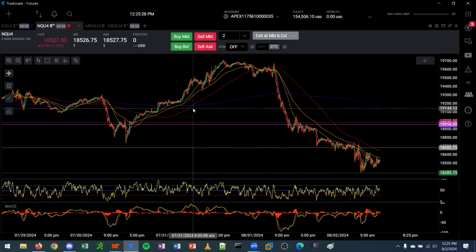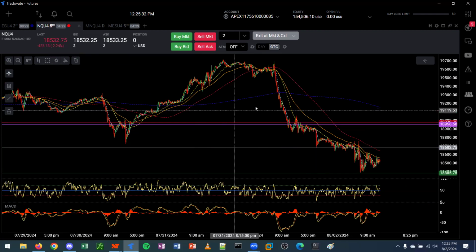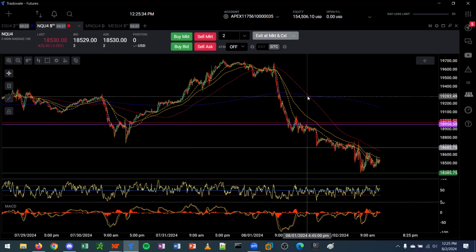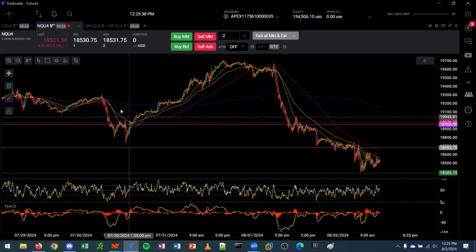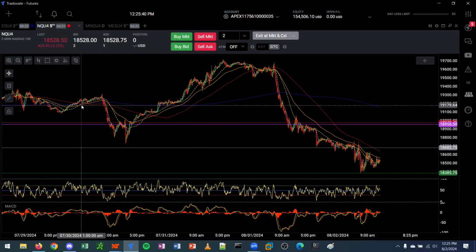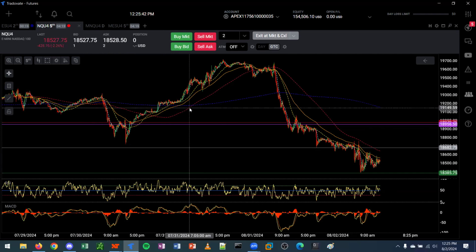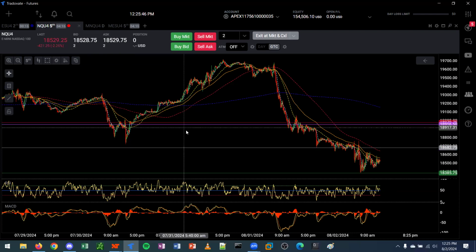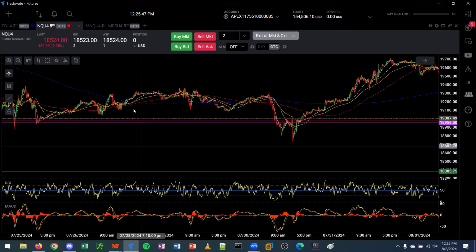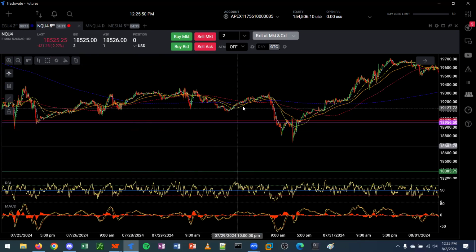From here, that's the 31st at 8 a.m. to right now, 2 days on the 5-minute. And then right here, look, from the 30th to the 31st, a day or two. And then again, a day or two.